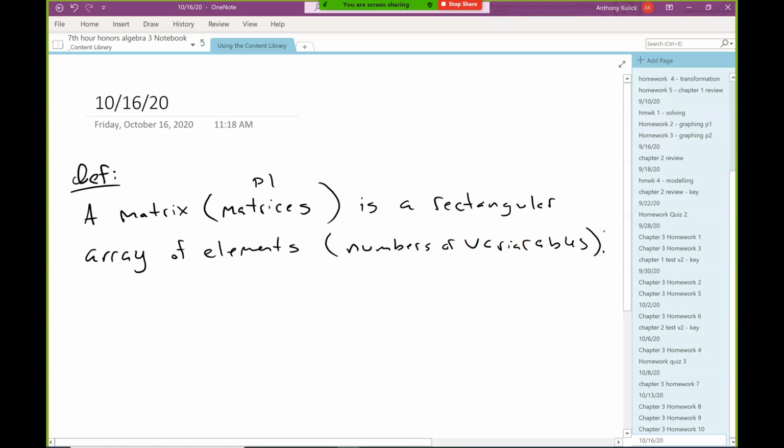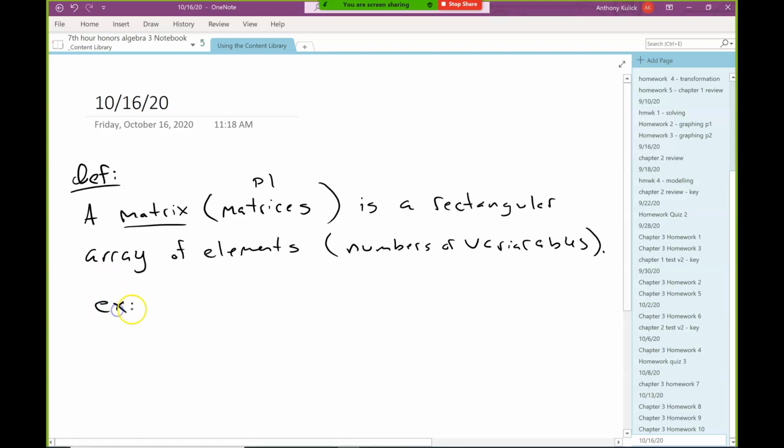A matrix is a rectangular array of elements. Now, those elements could really be lots of different things, but in this course, it's just going to be numbers or variables. There are other things that we can use mathematics on that could conceivably be put inside of a matrix, but that's beyond the scope of this class. So here we're just going to be worrying about matrices that have numbers or variables in them.